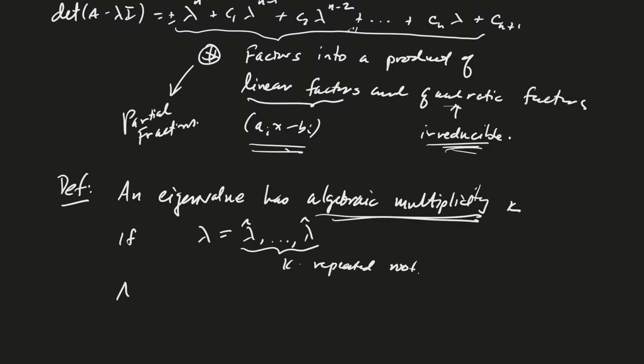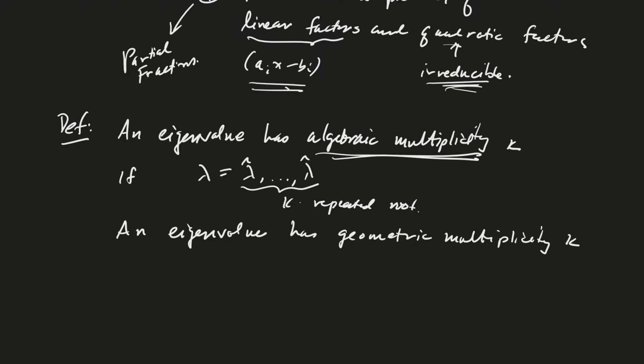Now, an eigenvalue has geometric multiplicity k if the dimension of the null space of A minus lambda I equals k.